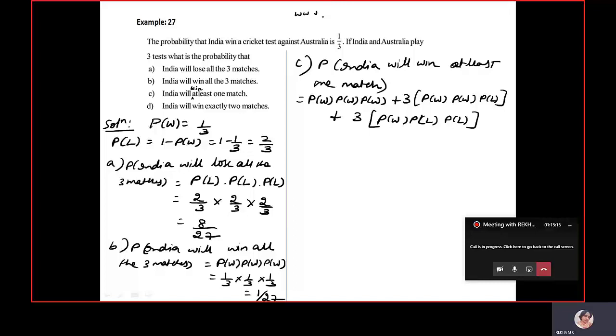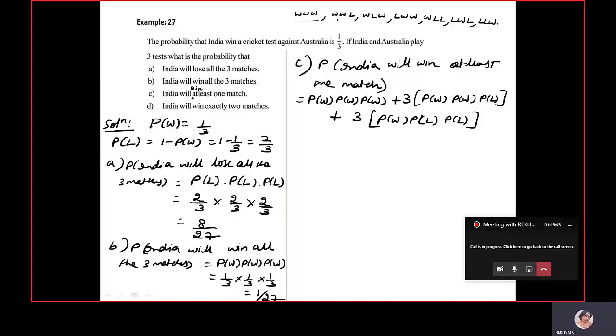What are the combinations? WWW, WWL, WLW, LWW, WLL, LWL, LLW. So you can see here, P of W into P of W into P of W plus 3 into P of W into P of W into P of L.